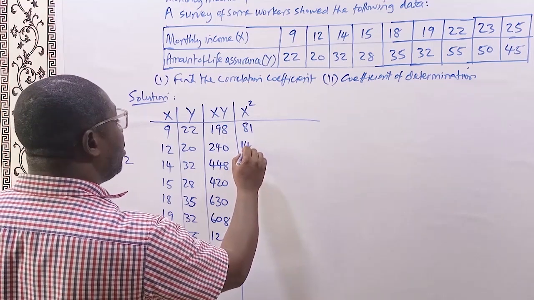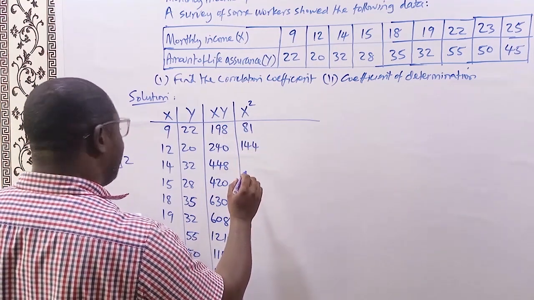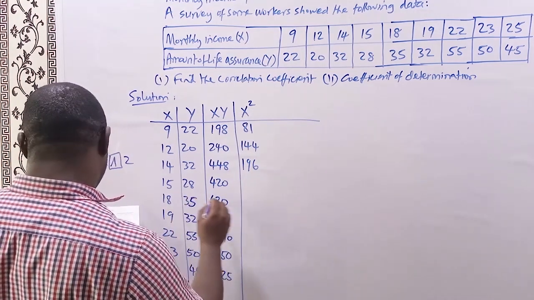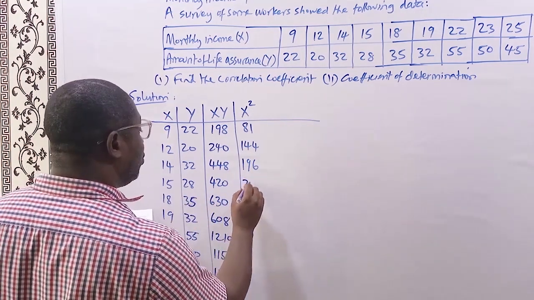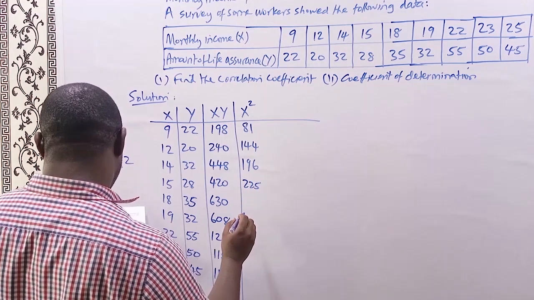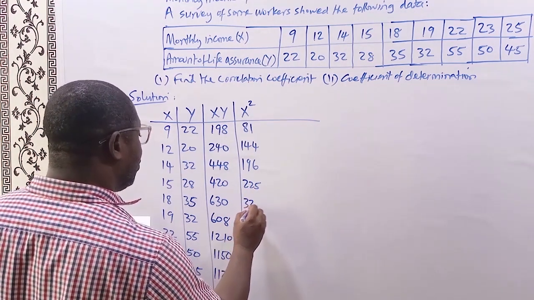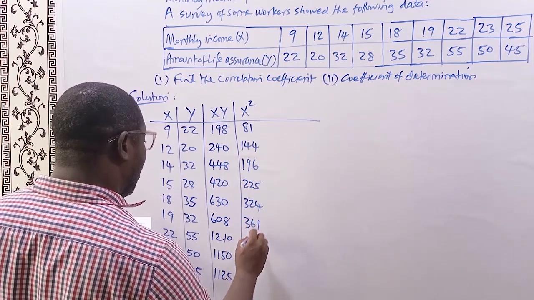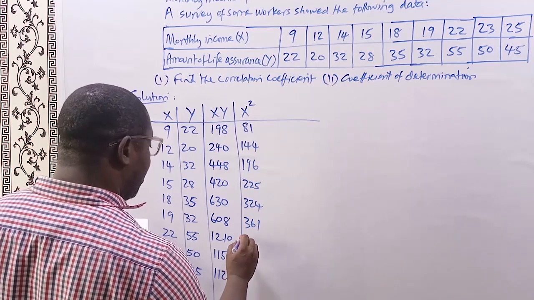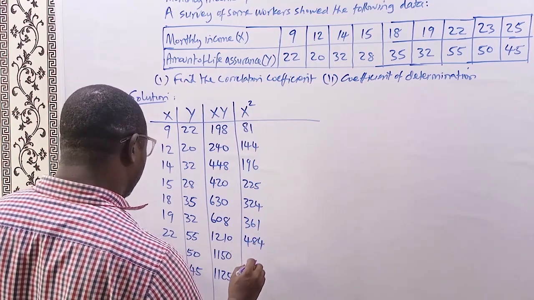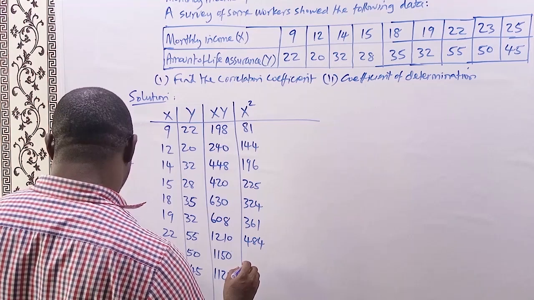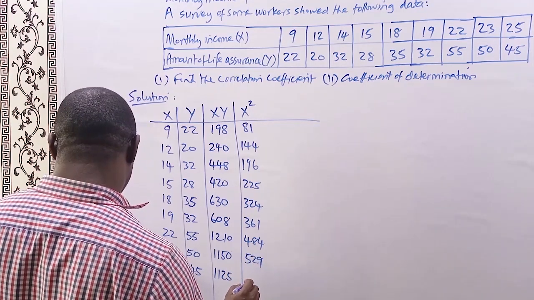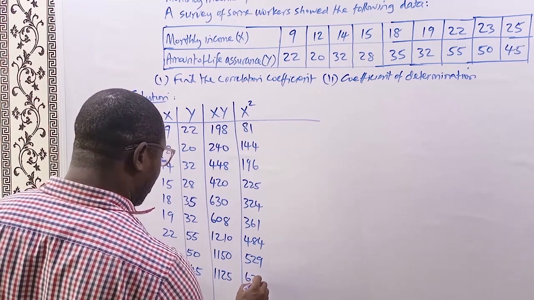The next one will give us 144, then 196. 15 square will give us 225. 18 square will give us 324. 19 square will give us 361. 22 square will give us 484. 23 square will give us 529. Then 25 square will give us 625.